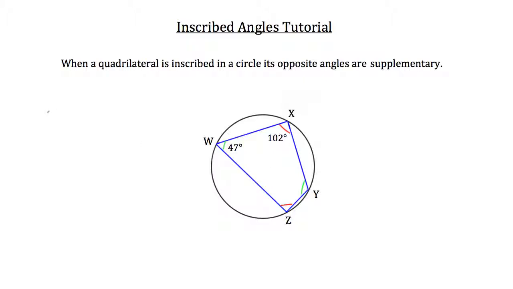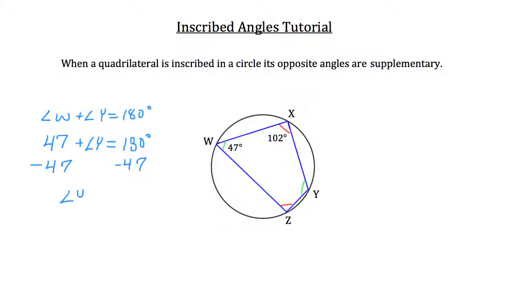So angle W plus angle Y is equal to 180 degrees. And we know that angle W is 47 degrees. So plus angle Y here must equal 180. So I'll subtract 47 from both sides of the equation, and angle Y is equal to 133 degrees.